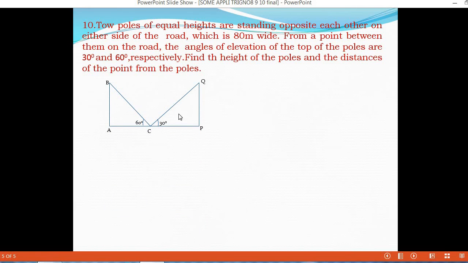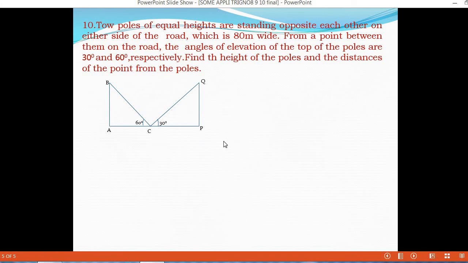Here, the two poles of equal heights, AB and PQ, are standing opposite to each other on opposite sides of the road. So the road width is 80 meter. Here AP is equal to 80 meter.